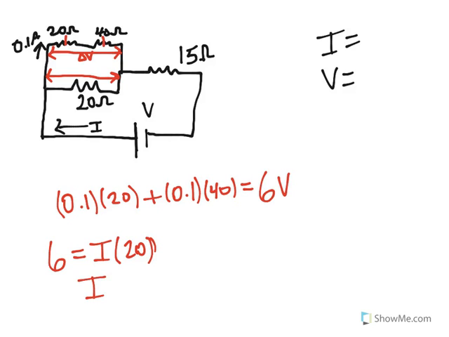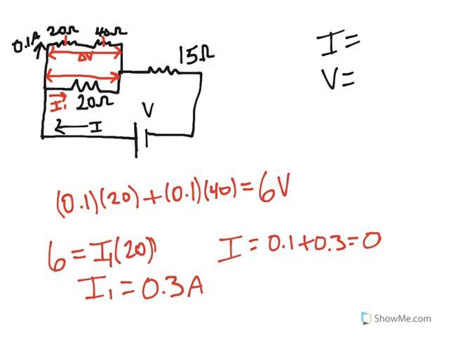So when I solve for that I, we'll say this is I1, that becomes 0.3 amps. Now I have I1, which is 0.3, and I have the other branch, which is 0.1, so my total current is just 0.1 plus 0.3, which gives me 0.4 amps, and I'll put that up here.